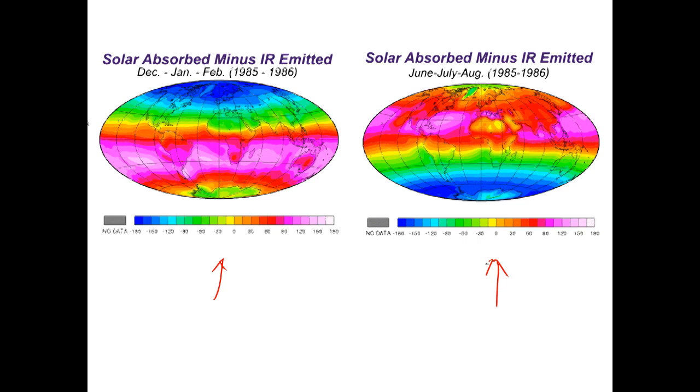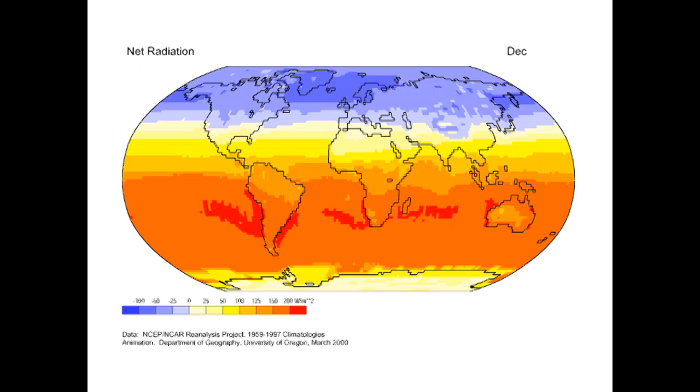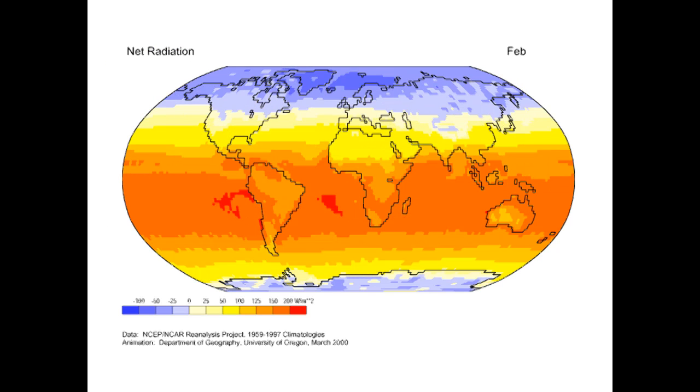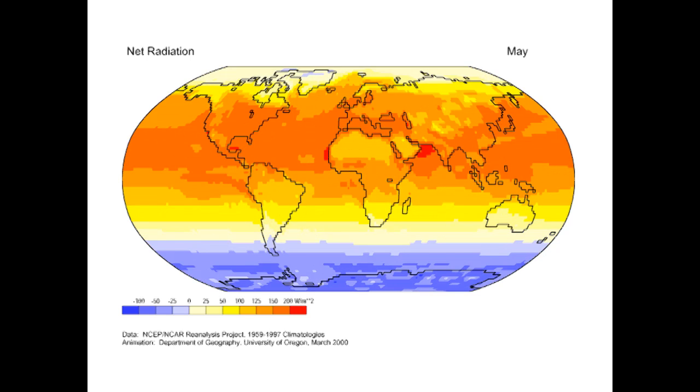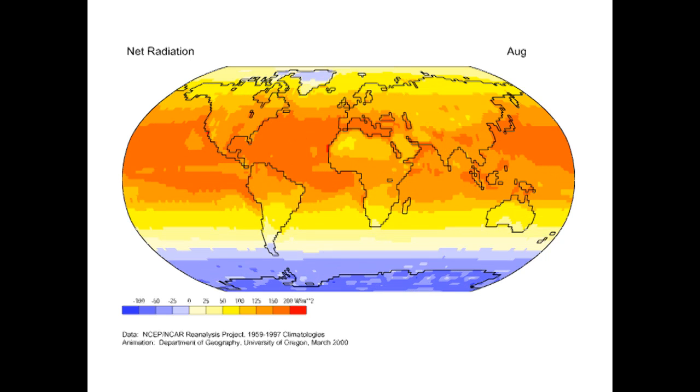So you see a huge seasonal migration in the Earth's radiation budget, with the winter hemisphere being a net emitter of radiation and the summer hemisphere in general being a net absorber of radiation. But there are some anomalies, like the Sahara Desert here doesn't absorb in the net much radiation owing to its high surface albedo.